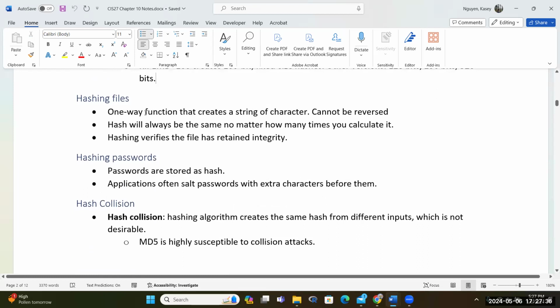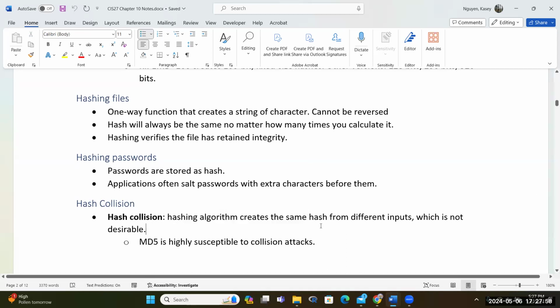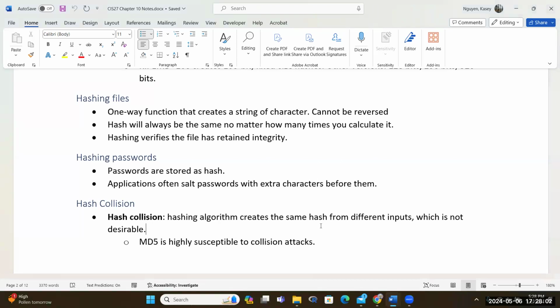And for hashing files, it's just a one-way function. So we would use that for every single thing that we save, so your system keeps track of that. If the attacker wants to do a hash collision, simply it is using the same hash value for different things. So if I have file 1 and file 2, a hash collision occurs when they both have the same hash value.